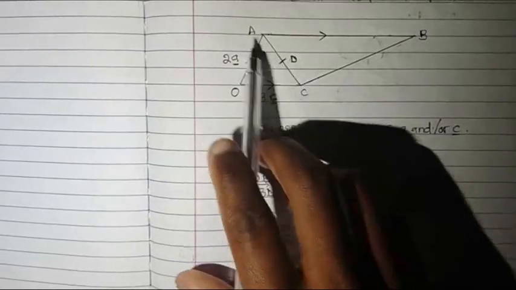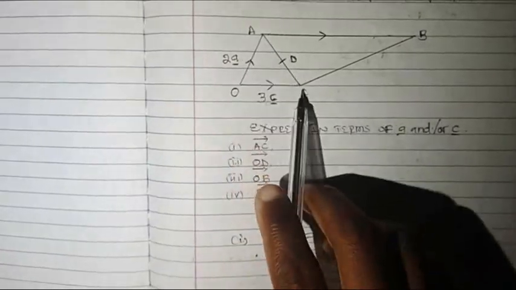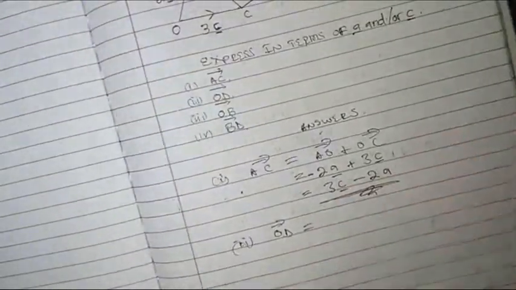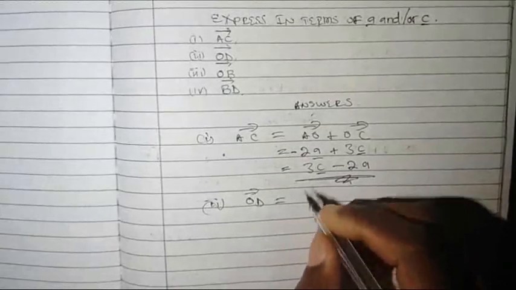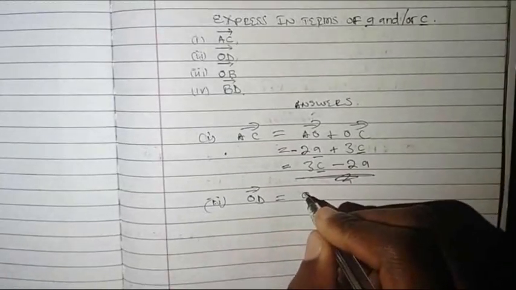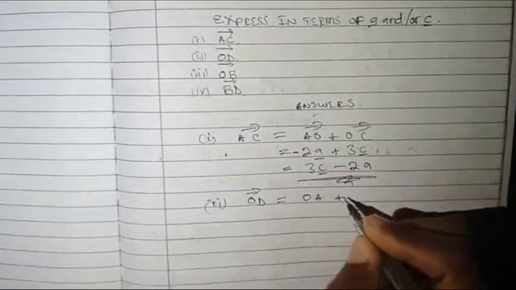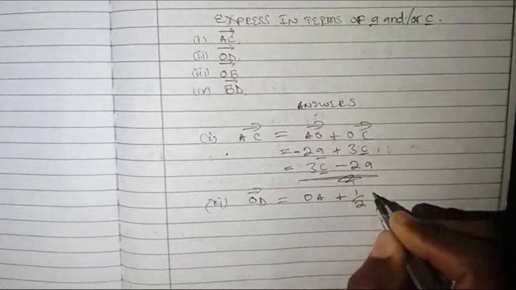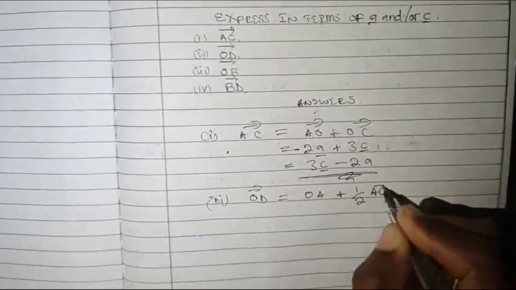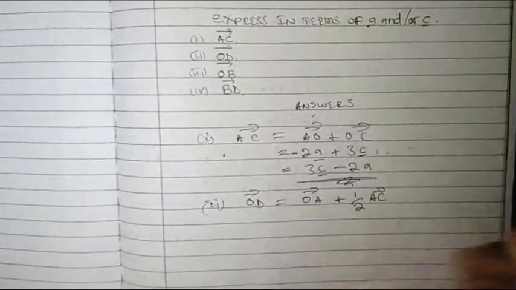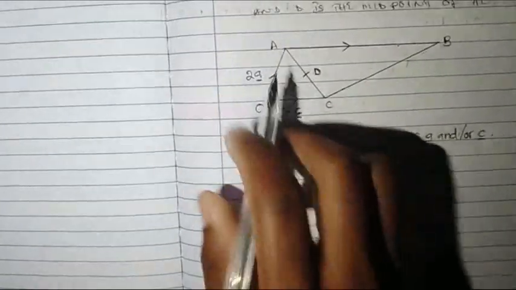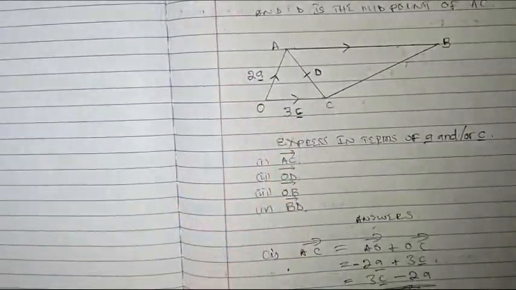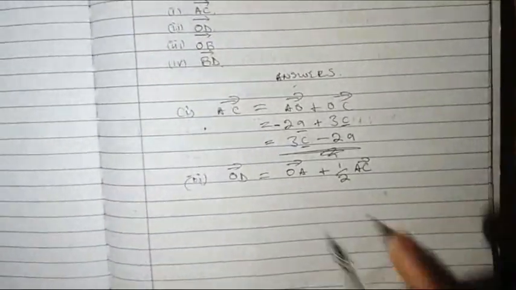Since AD is half of AC, that's what we are going to use. So we're going to say OD equals OA plus 1 over 2 of AC. That's how we are going to solve this vector, because this AD is just half of AC.